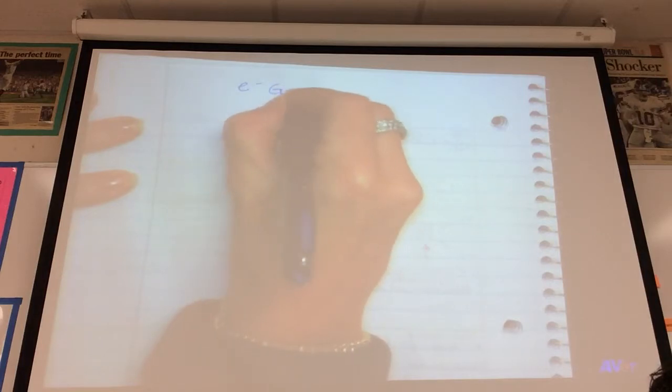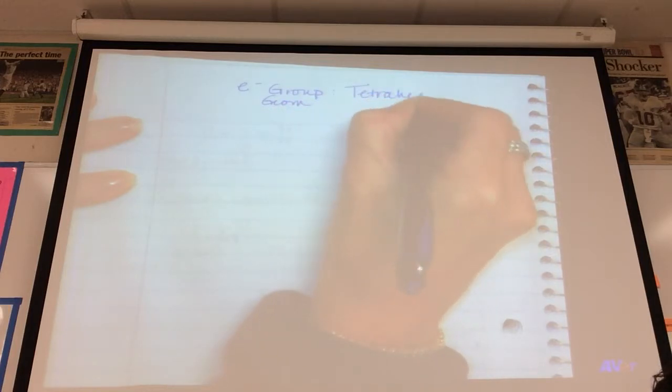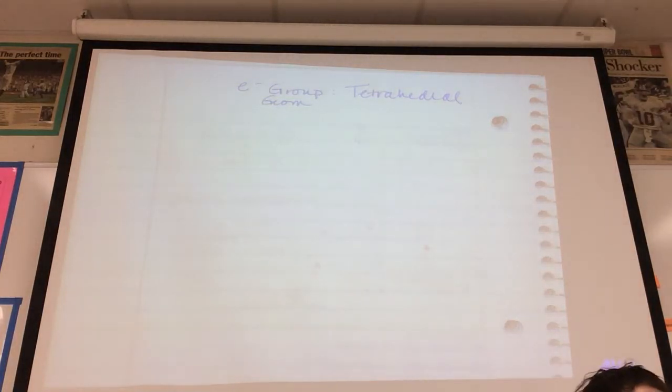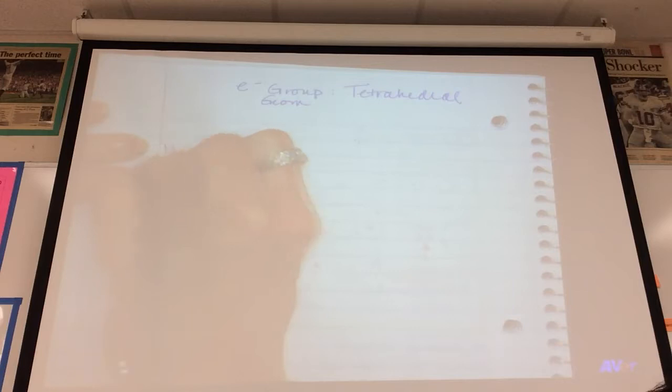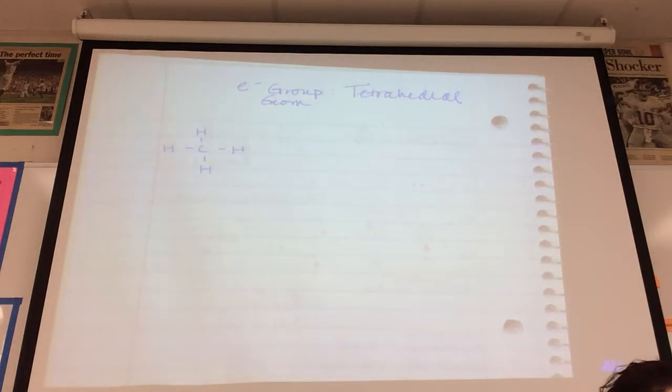All right, let's keep going here. We're going to see this concept again. If you have 4 electron groups, your electron group geometry here is going to be tetrahedral. And there'll be 3 different types of members to this family. For example, if you just had methane, which you would have seen last year, you're probably going to draw it flat, which is fine.